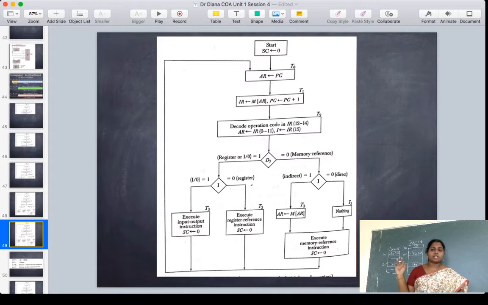At time cycle T3, if it is direct reference, I am going to do nothing there. I'm just going to wait. The CPU is not going to process anything at that point of time because that address is already loaded inside the address register. But if it is indirect memory access, I should go and find out at memory location 125 what is the exact address of the data, which is 30. Now this 30 has to be brought into the address register.